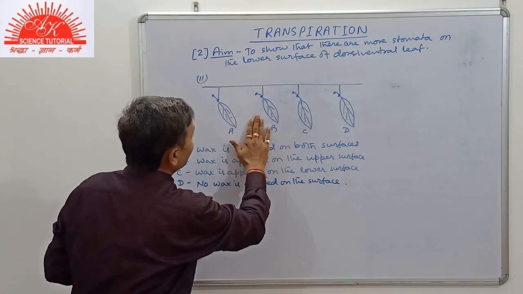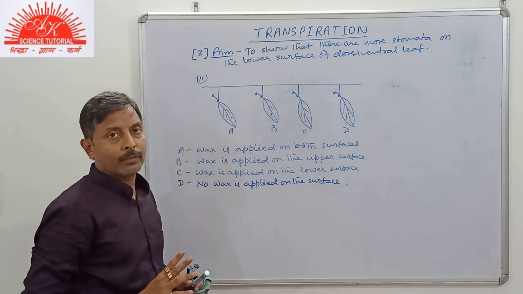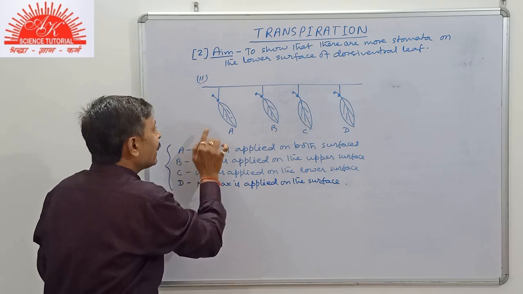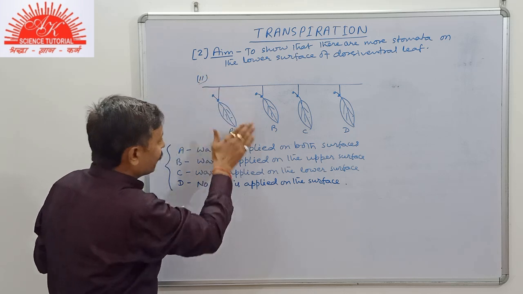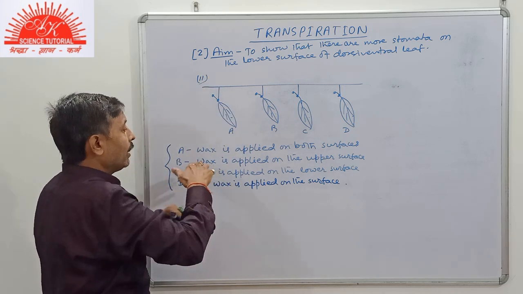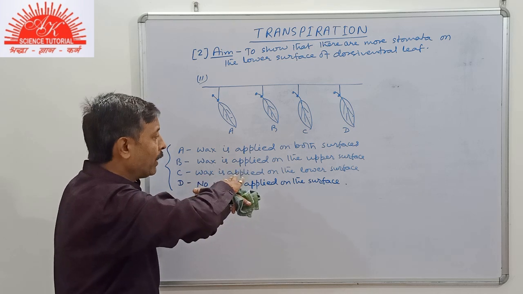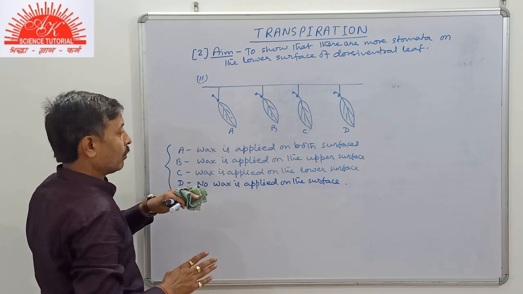So in this setup we take 4 dorsiventral leaves of a plant. In leaf A, wax is applied on both surfaces, upper and lower. In B, the wax is applied on the upper surface. In C, the wax is applied on the lower surface only.